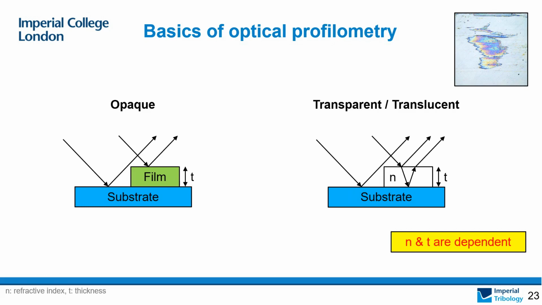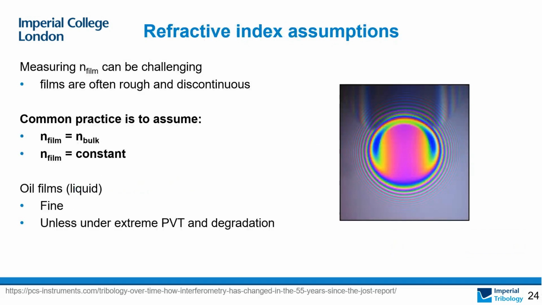And unfortunately, polymer transfer films are often transparent. If you look at this PTFE transfer film example, we can see the interference pattern, which suggests the transparency of the film. This means we need to know the refractive index of this film to quantify its thickness.